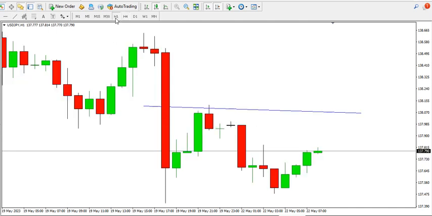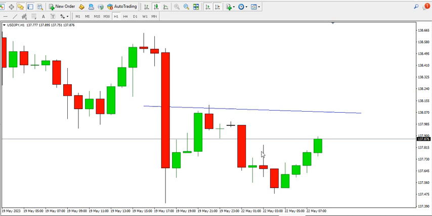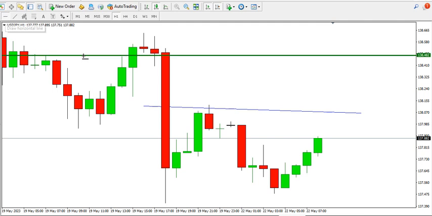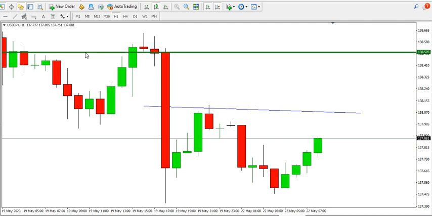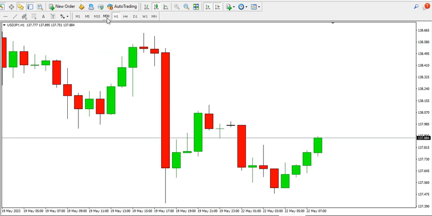On the 1-hour time frame, the double bottom is more obvious. This is the neckline. As soon as this neckline breaks, you see the price coming to this order block around here, the 138.500 level.